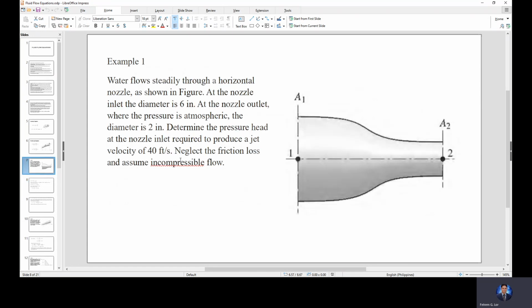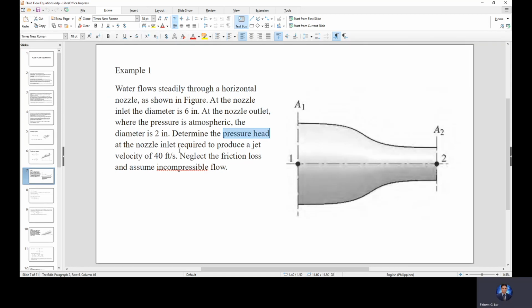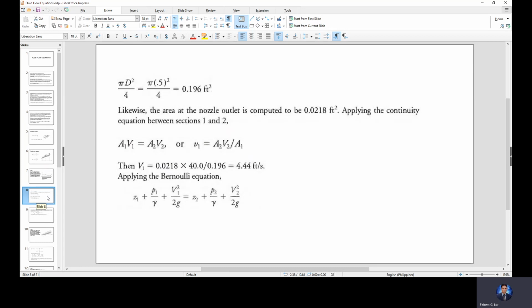The question is we need to determine the pressure head at the nozzle inlet. So pressure head at point 1. So we can apply the Bernoulli's energy equation. It is stated in the problem that there is no energy loss between point 1 and point 2.